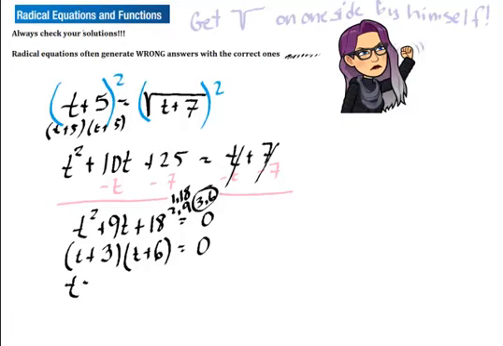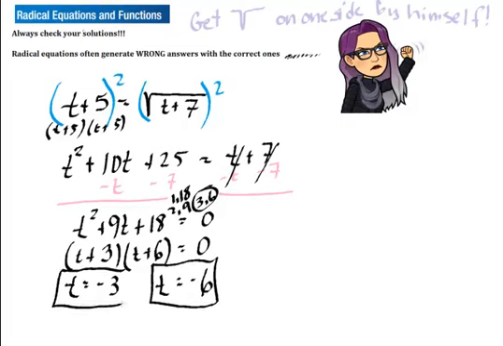So I have that t equals negative 3 and t equals negative 6. Those are two answers to this bad boy, but like I said, you've got to check, even though we don't want to. So let's plug it into our original. Let's do number 1, t equals minus 3.